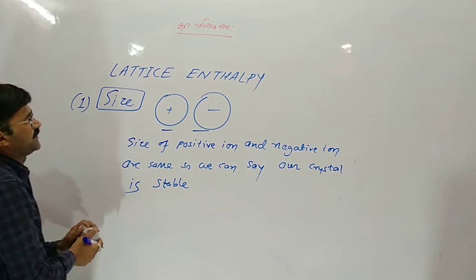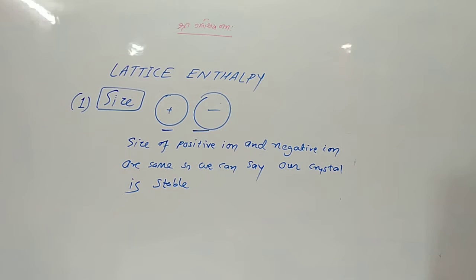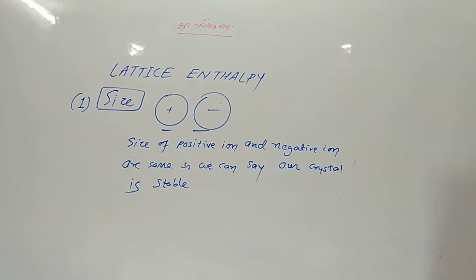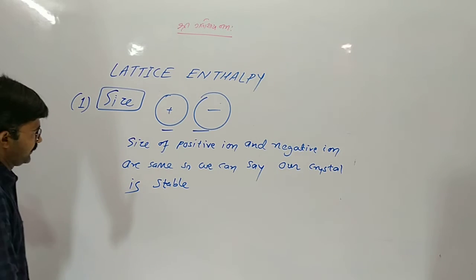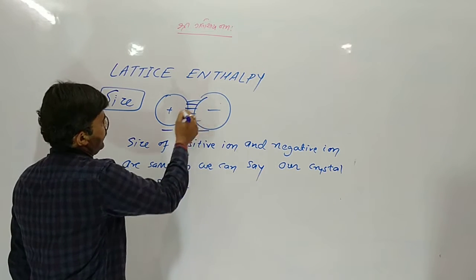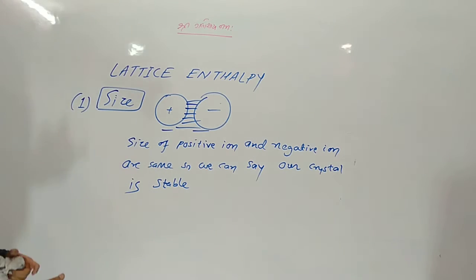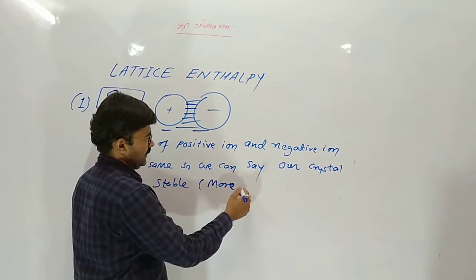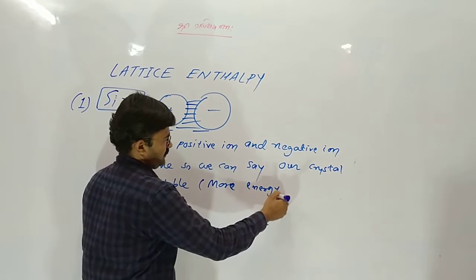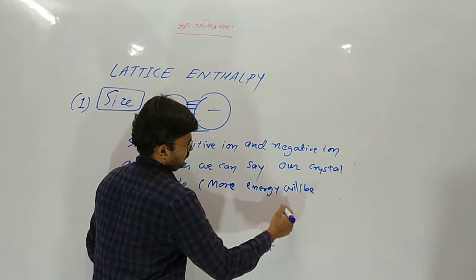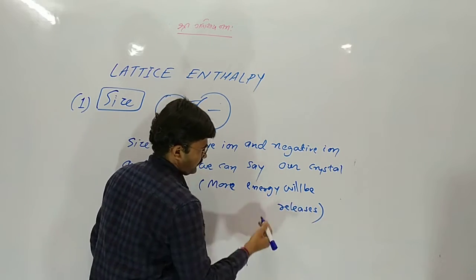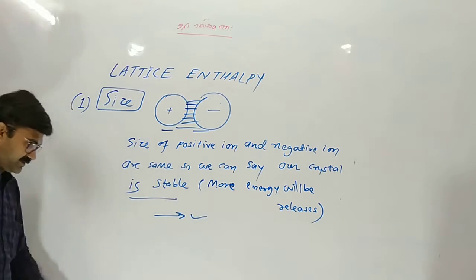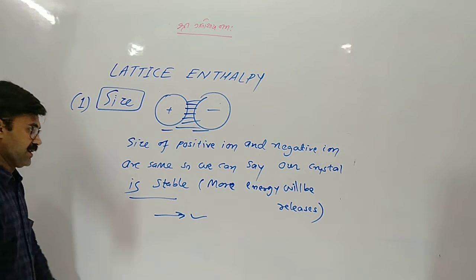Whenever there is a vast difference in the size of the positive and negative ion, it should not be stable; it should be unstable. Whenever sizes are nearly equal, more energy will be released, and any process which releases energy makes the compound stable.